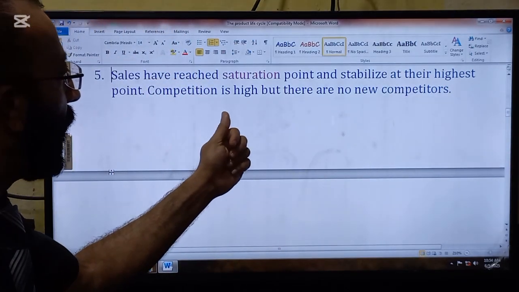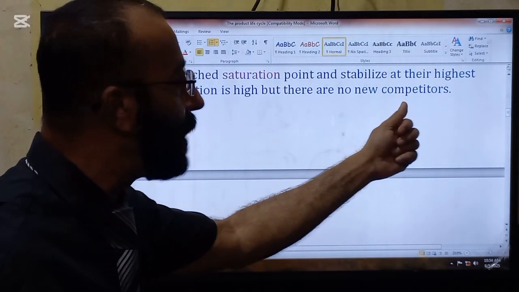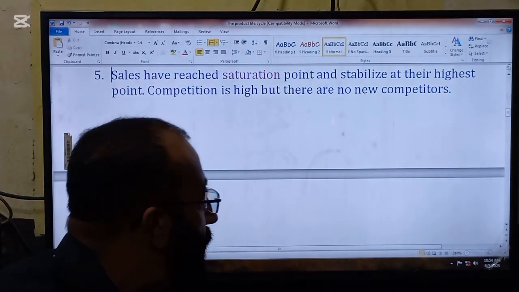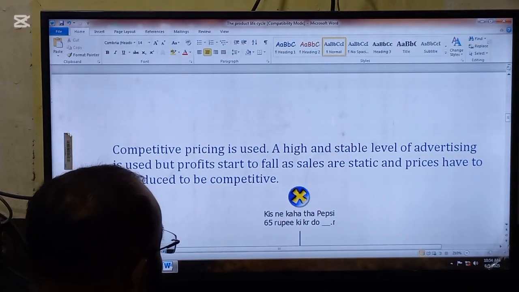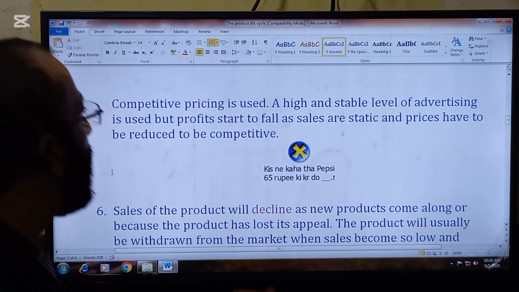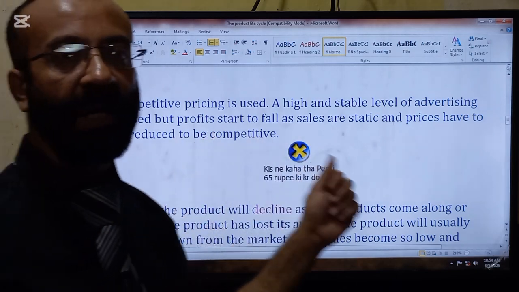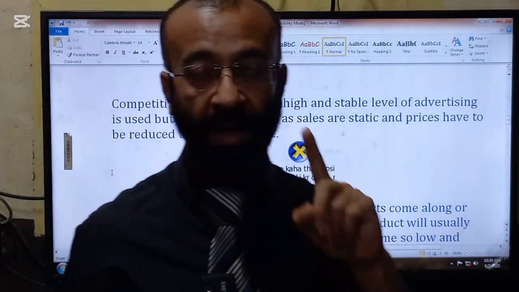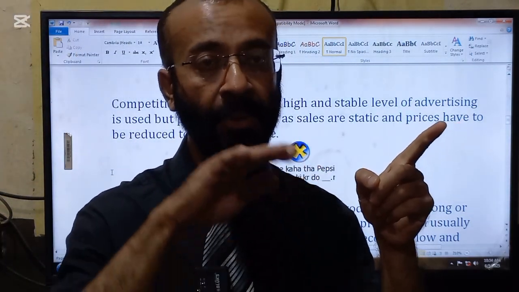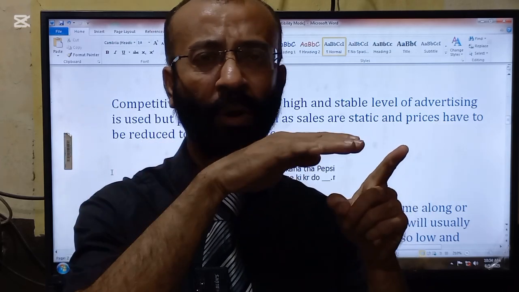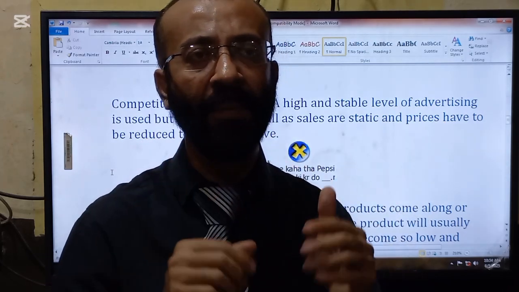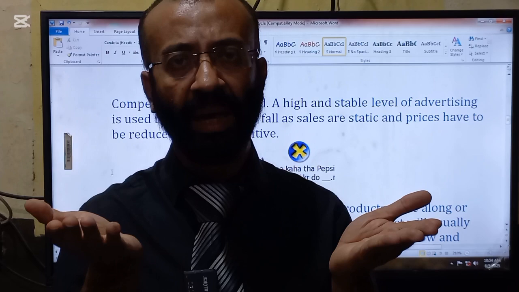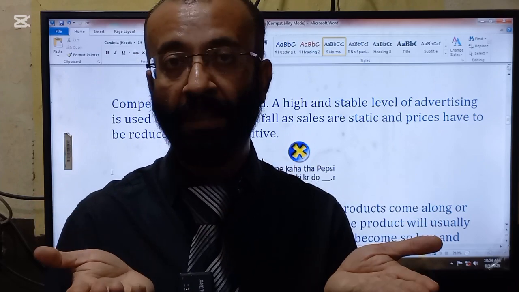Competition is high, but there are no new competitors. So this is the stage now in the product life cycle. Competitive pricing is used. Competitive pricing stands for whatever the price of the competitor is, you have to maintain your price at almost the same level. For example, the price of Pepsi and Coke is almost the same in Pakistan.